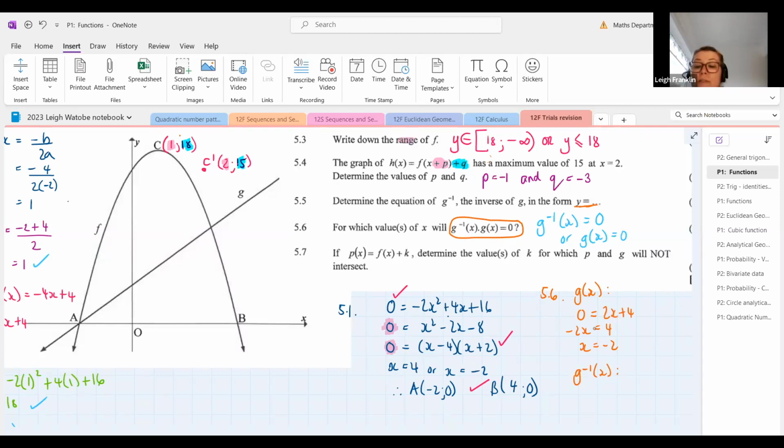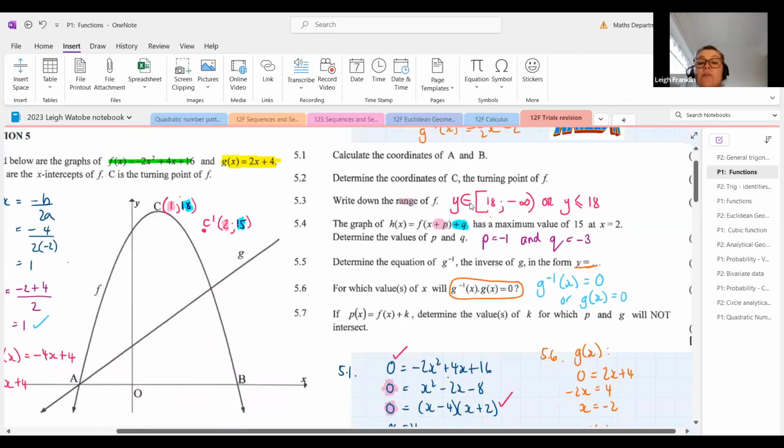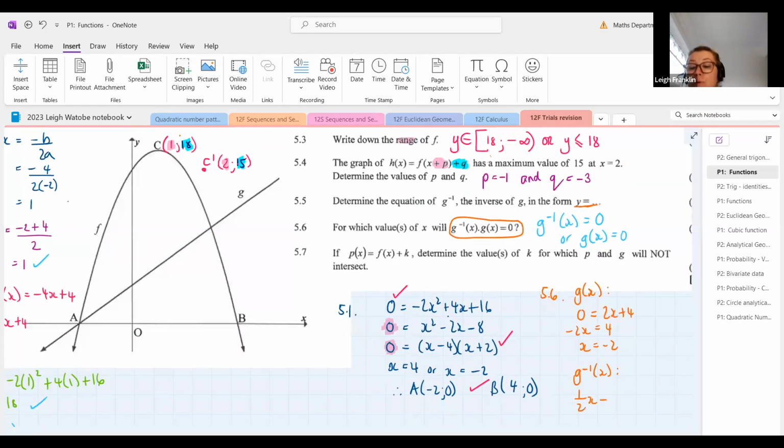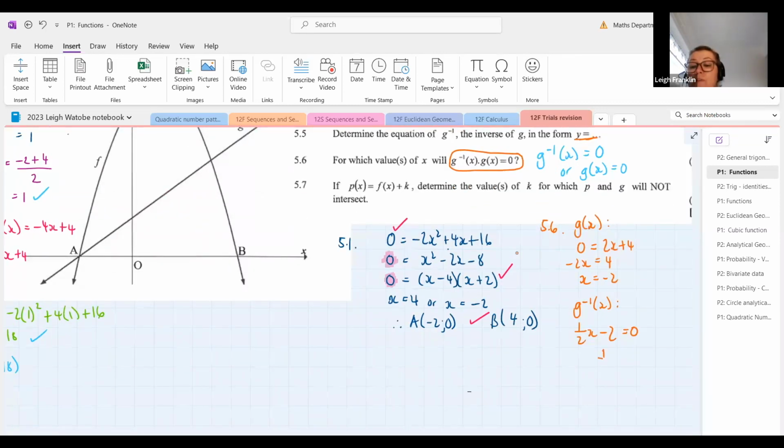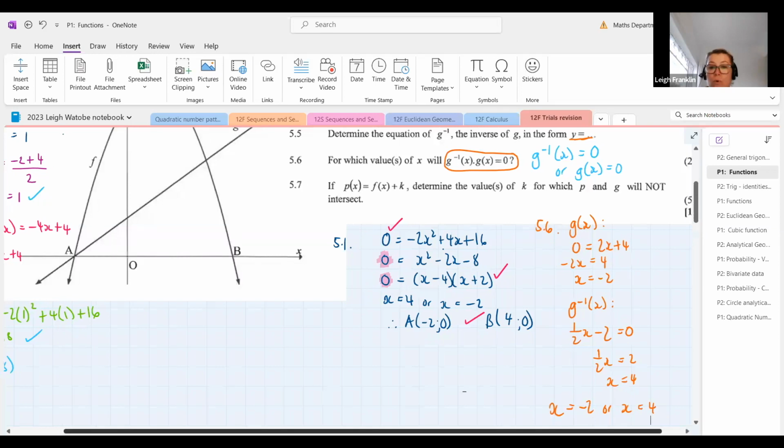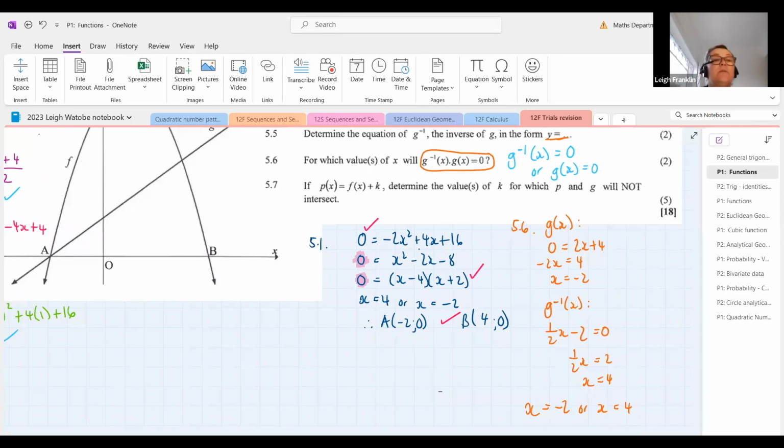Here we said our equation was 1 over 2x, was it plus or minus? It was minus 2 equals 0. So now I'm going to take my 2 over to the other side and multiply both sides by 2. So either where x is equal to negative 2 or where x is equal to 4. Okay, so 2 marks there.